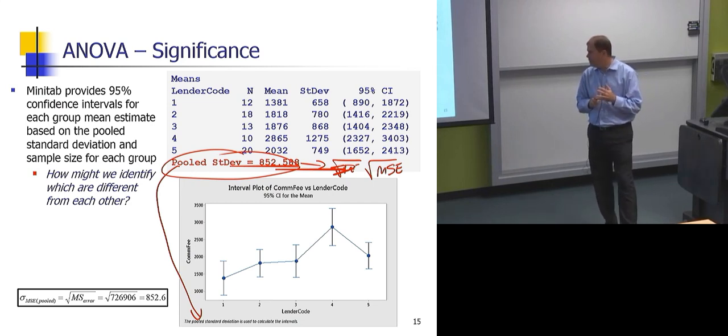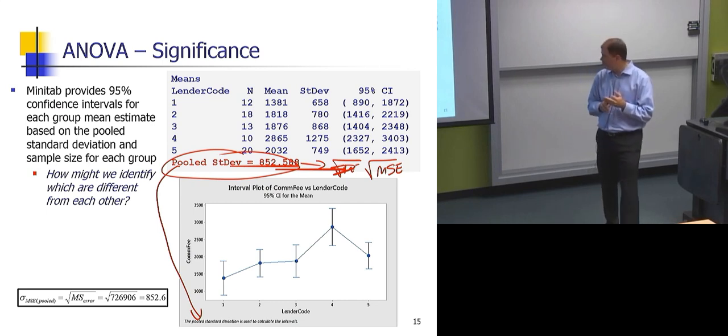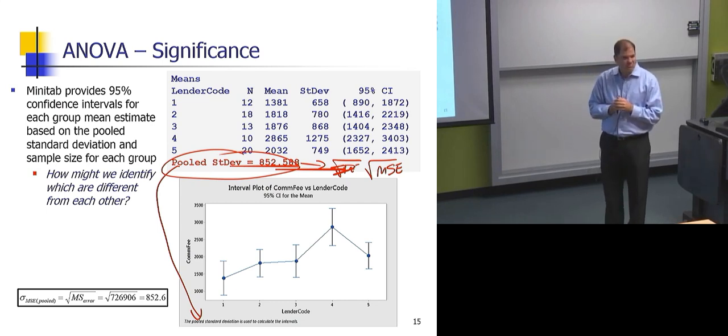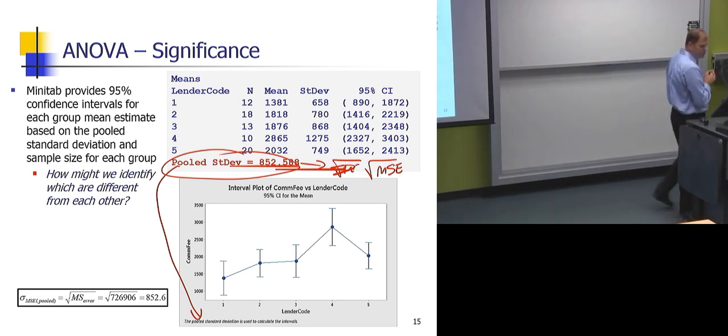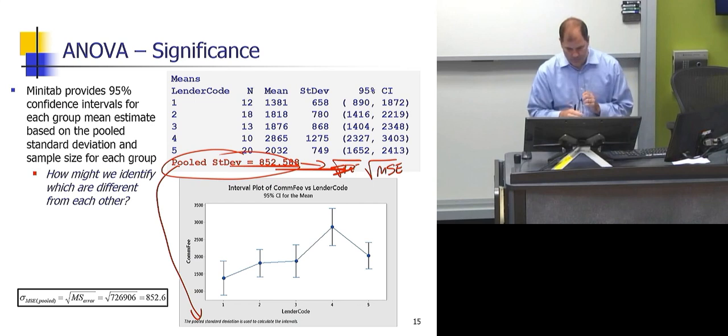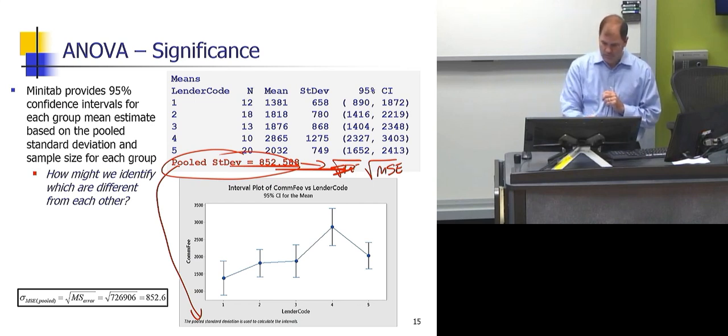First of all, it looks like 2, 3, and 5 are what? Pretty similar. What do we observe? Which ones are different from which others? Certainly 1.